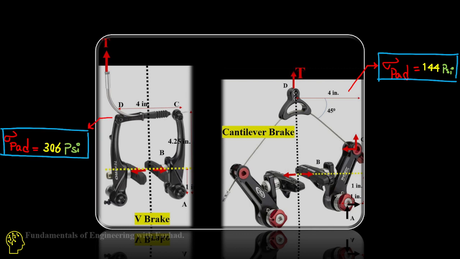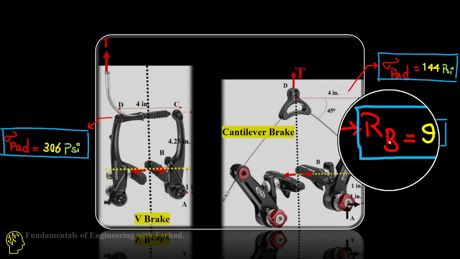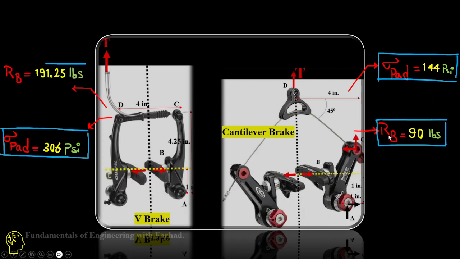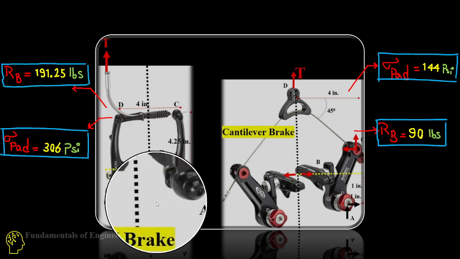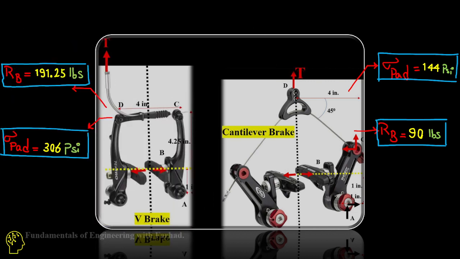If you consider the force of the brake, it is 90 pounds for the cantilever, and it's much higher in the V brake system. So it depends on choosing the force priority or the stress priority. It depends on choosing which system.